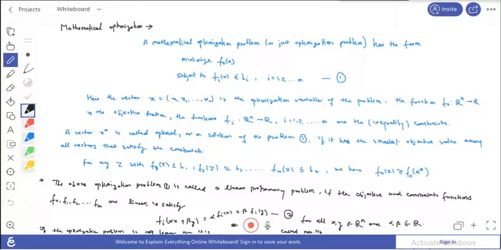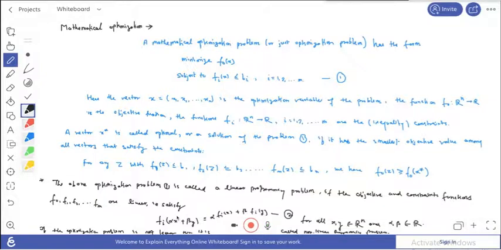So if it is linear, you say that this is a linear programming problem. Otherwise, this is a non-linear programming problem.